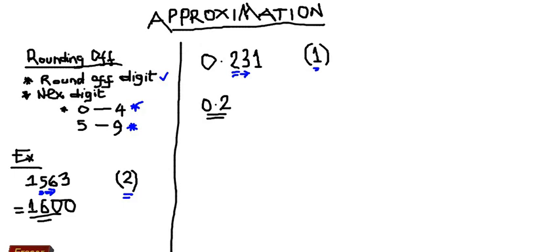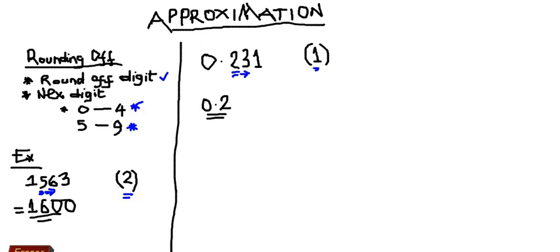In this number we have said the 1 is under thousands, the 5 is under hundreds, 6 under tens, and 3 under ones. So by putting those 2 zeros where we have 6 and 3, we are making sure that the significant figures 1 and 5, which now when approximated become 16, are maintained in their respective place values so that the value of the number itself is not lost.